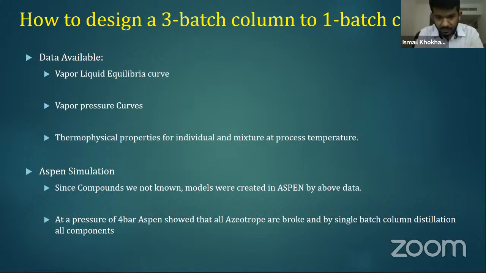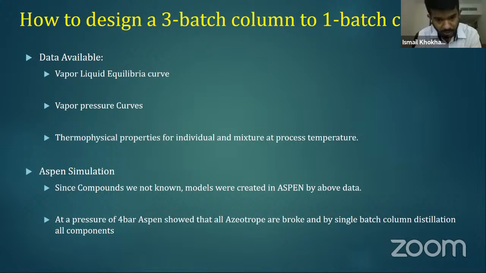But we were so unlucky that the product and raw material were not compounds available in the Aspen directory. So based on the above data, we generated the molecule inside the Aspen model.